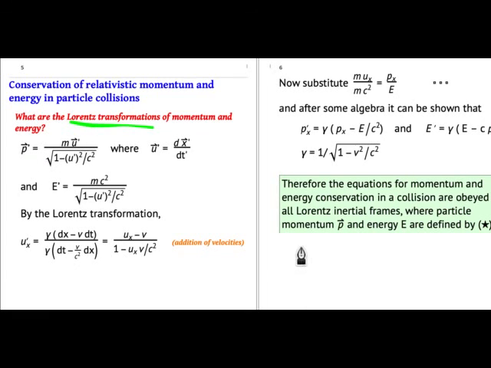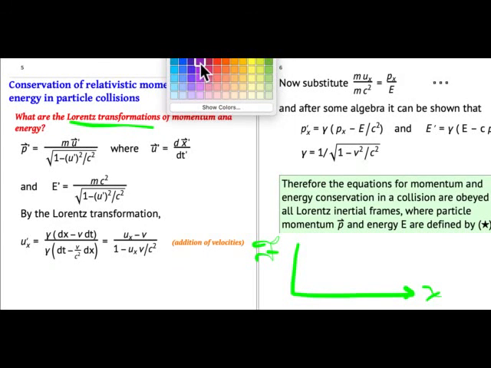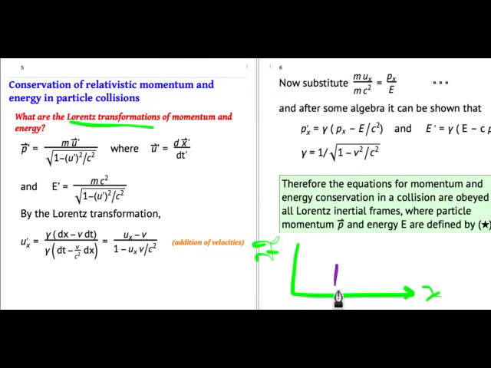Well, let's suppose we have two inertial frames. So we have an inertial frame with a coordinate x, and we'll call that the frame F. We also want an inertial frame F prime, and we'll call that the frame F prime.